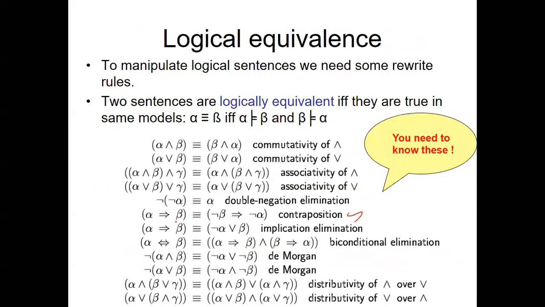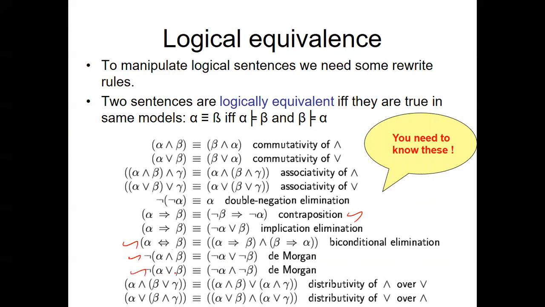Fine. So we'll discuss further about this. Alpha bidirectional beta is nothing but alpha implies beta and beta implies alpha, which we know already. And not of alpha and beta can be represented as not alpha or not beta. So when the not goes in, the and becomes or.